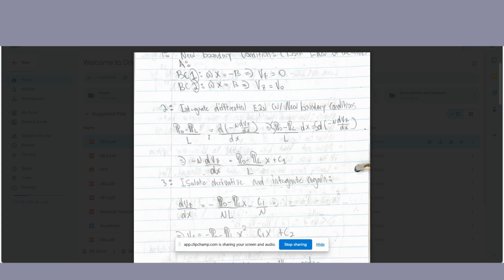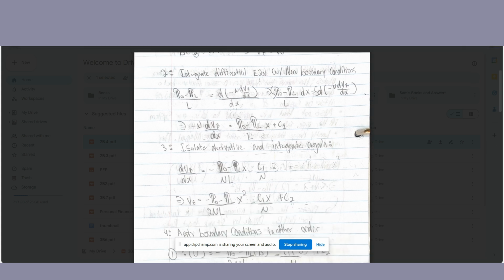Separate and integrate. dx goes to this side, and the integral of dx is x. So the integral of d this will just be this. And obviously you can see that there. On the other side, you just multiply the x, and you have the c1. You can put the c1 on either side. It doesn't matter. You only need one constant, because you could just add or subtract the constant to the other side, and it's the same as having one constant.